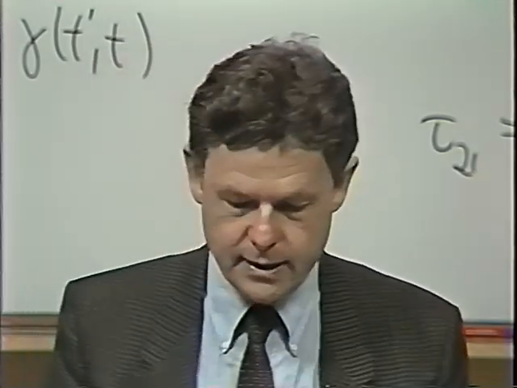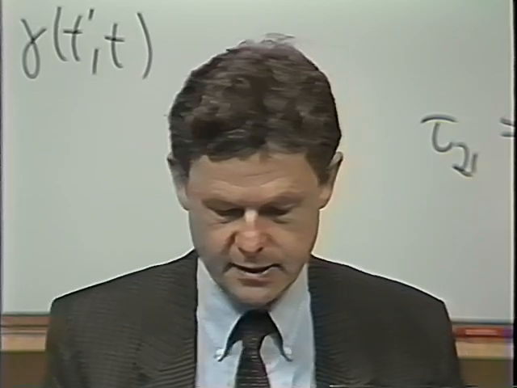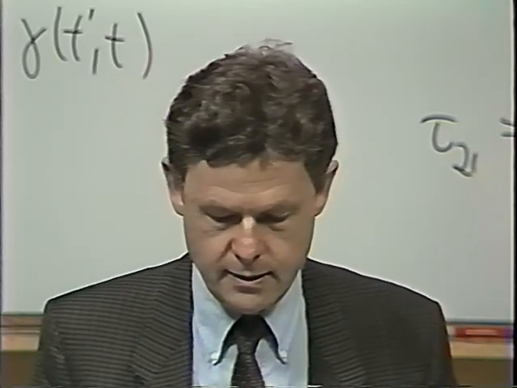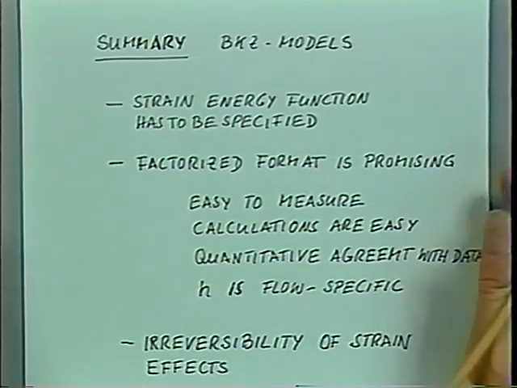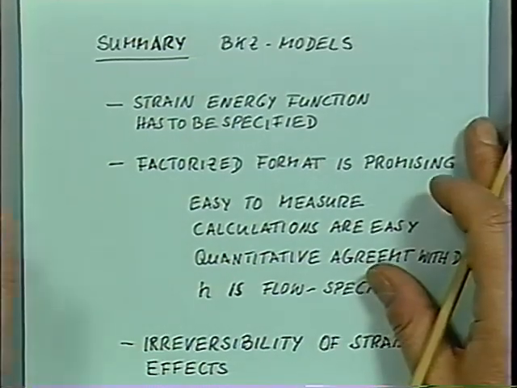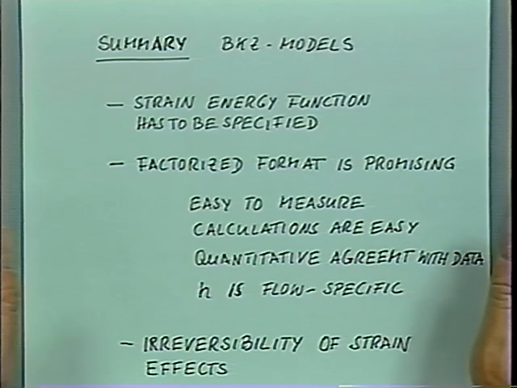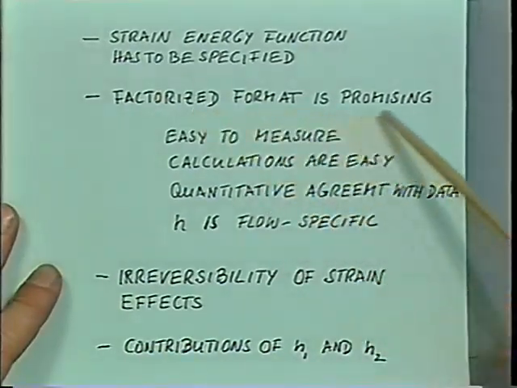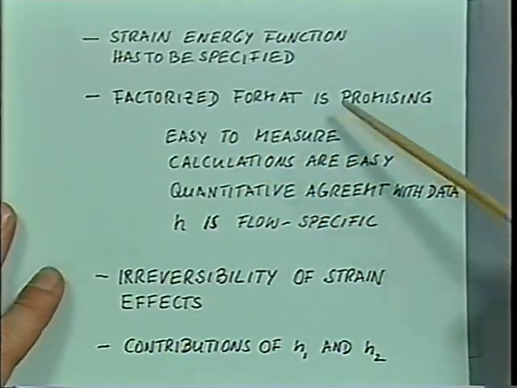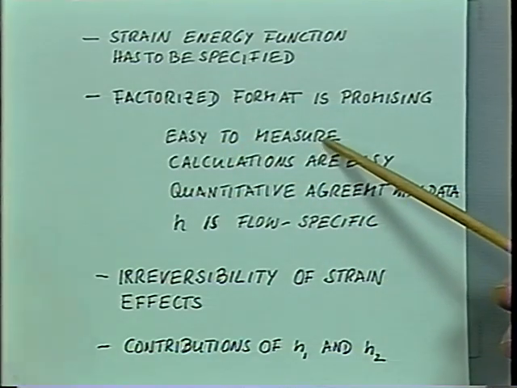In summary, about those BKZ models, the strain energy function still has to be specified. We have to choose something specific to model polymeric fluids, and a proposal which was very successful is the factorized format, where we very easily can determine the time dependence from linear viscoelasticity.